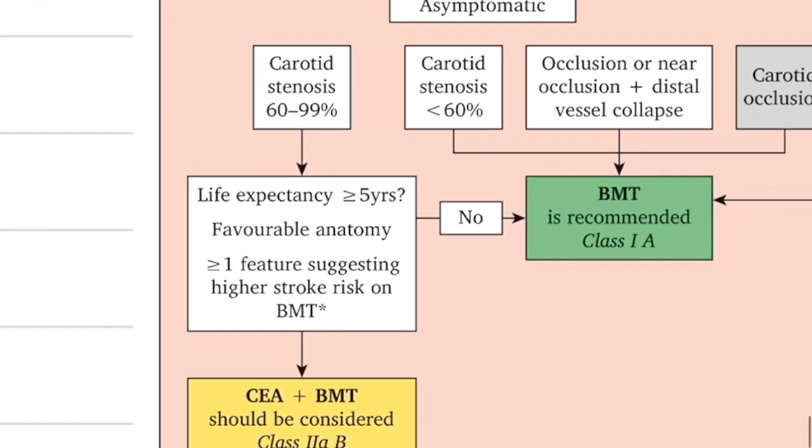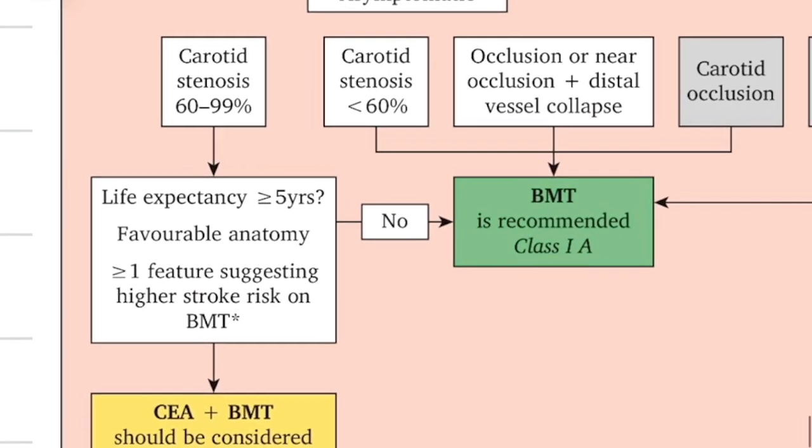So when an asymptomatic patient comes to you, the only scenario in which you are going to advise them to undergo intervention is when their stenosis is between 60 to 99% and they have a good life expectancy of at least 5 years, good favorable anatomy, and they have higher risk of stroke even on best medical therapy. In these three conditions, you suggest intervention for carotid artery stenosis. Among the two, either you can go for endarterectomy or stenting.